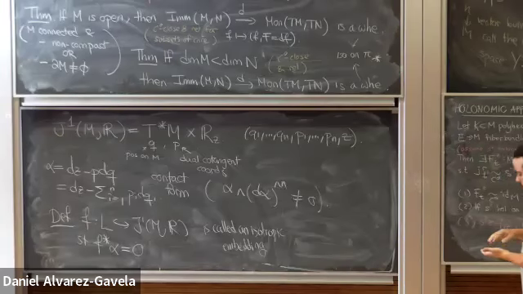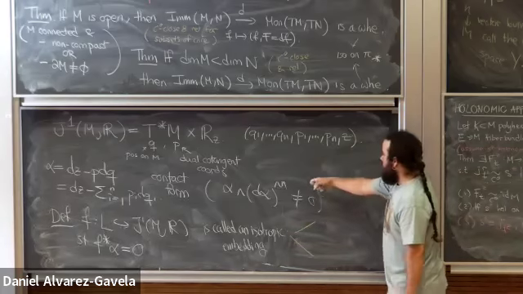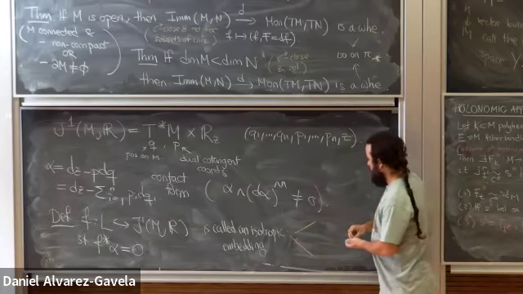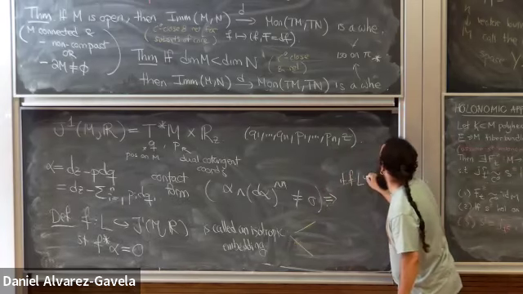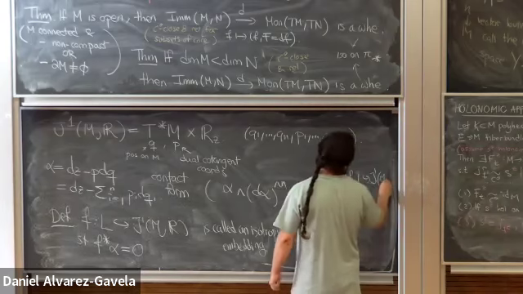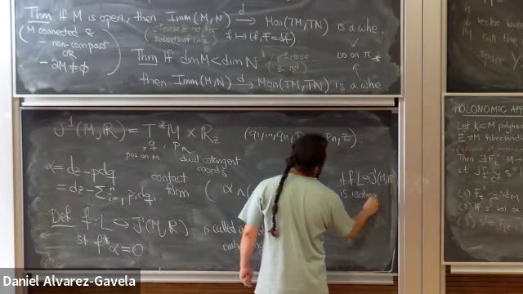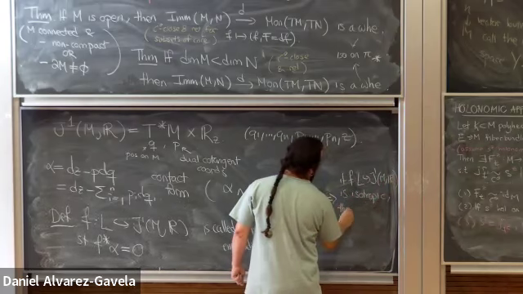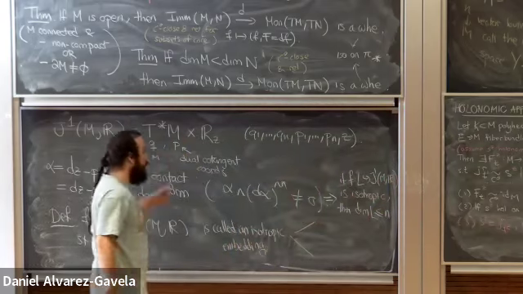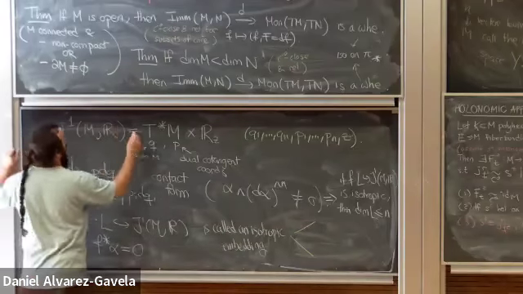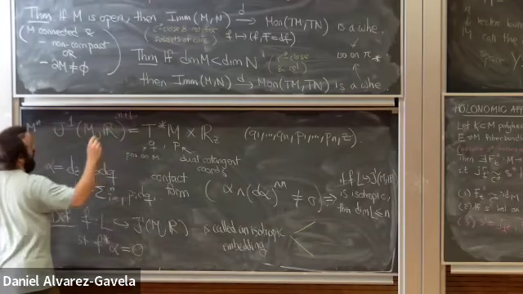This non-degeneracy condition implies that if I have an isotropic embedding, then the maximal dimension that L can have is n, where N has dimension n and this one jet space has dimension 2n plus 1.